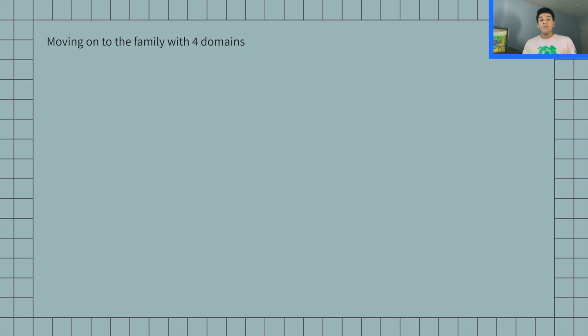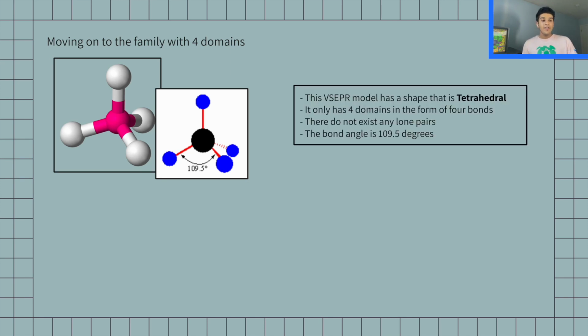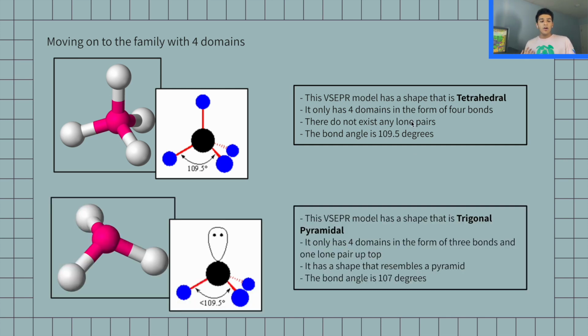Next up, let's look at geometric VSEPR families that have 4 domains. First up, we have a tetrahedral VSEPR model. In this case, all 4 domains are in the form of bonds, and the bond angle between each of the bonds is 109.5 degrees. Moving on, we have a trigonal pyramidal VSEPR model.